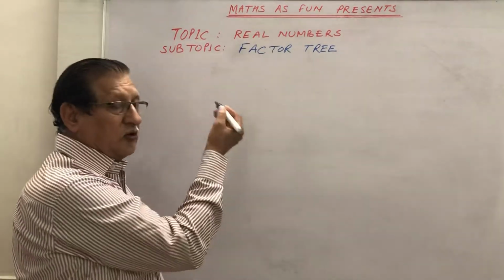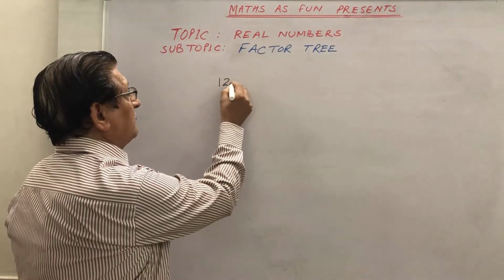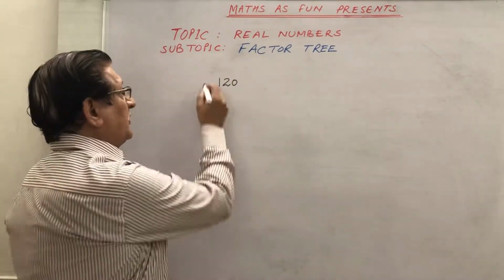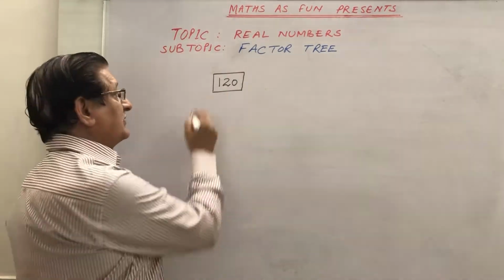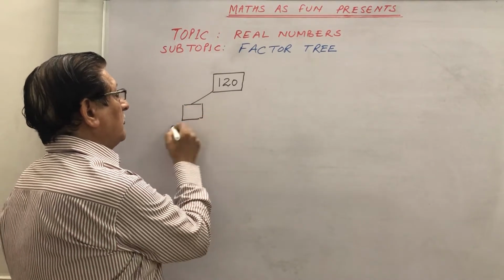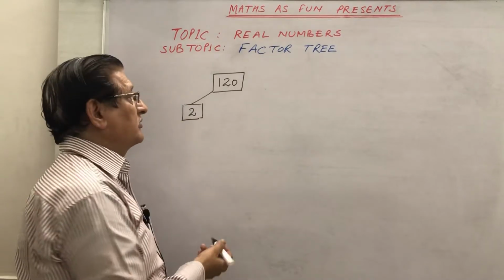What is a factor tree? How and why do we call it a factor tree? Let's see. Suppose I take the number 120 and I want to factorize it. We put 120 into a rectangular box, and the first factor is 2. We put that also in a rectangle.